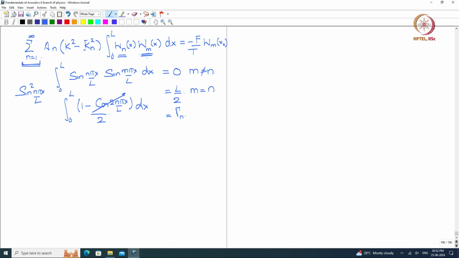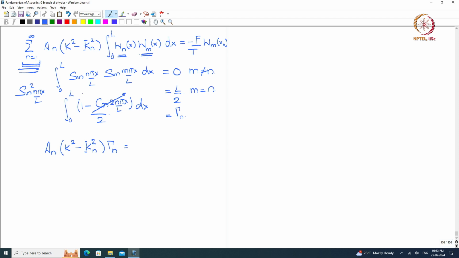So m and n are equal, and I have a n, the summation is gone, k square n gamma n. I put gamma n because it could be any constant. Sometimes when n is 0 versus n not equal to 0, it has different values, so I put gamma n, whatever it comes out.